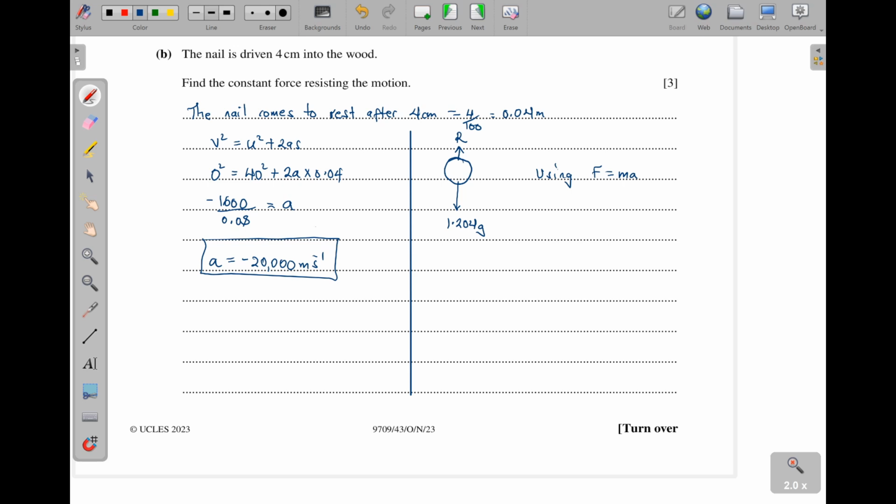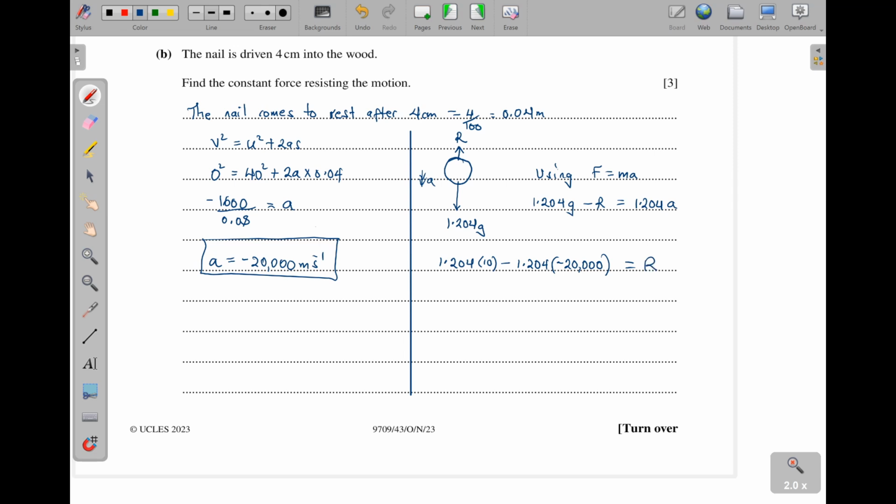Since the movement is down, we shall have the weight, 1.204 G, and we subtract the R, which is equal to 1.204 times the A. So meaning we shall have 1.204 times 10, then minus 1.204 times the negative 20,000 we have gotten for acceleration.